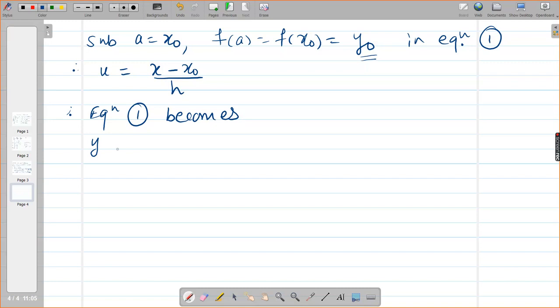On the left hand side, we will write only y now. y is equal to f of a, which becomes y naught.